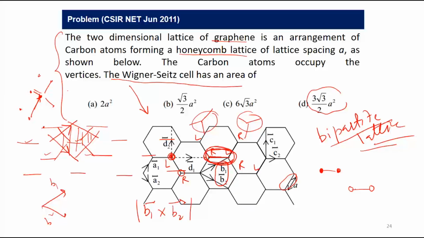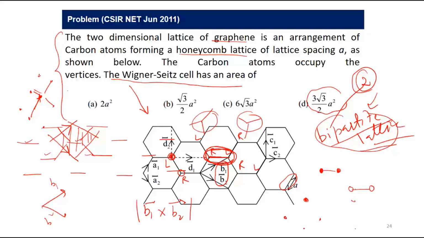Sir, what type of Bravais lattice is this bipartite lattice? Bipartite lattice, bi means two. This is just a name, you don't need to worry about it. Bravais lattice means something which is repeating. The lattice points are repeating in a way so that the moment you go to any other lattice point, your environment is the same.